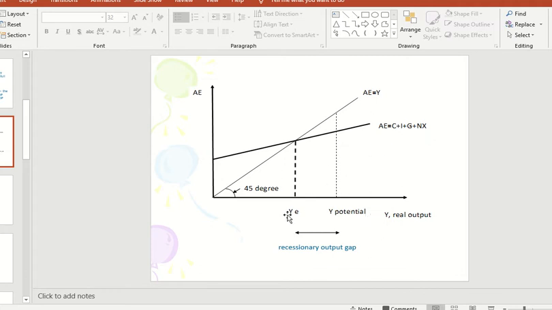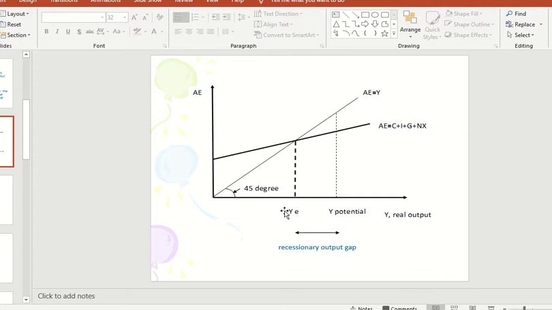By the way, in this classroom setting, we are going to assume that unless we are otherwise told, the current output is the equilibrium output. So we are here, and the potential output level is here. You can see that the current output falls short of the potential output level. And so we have a recessionary situation.